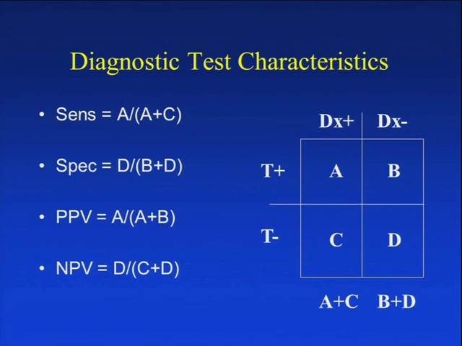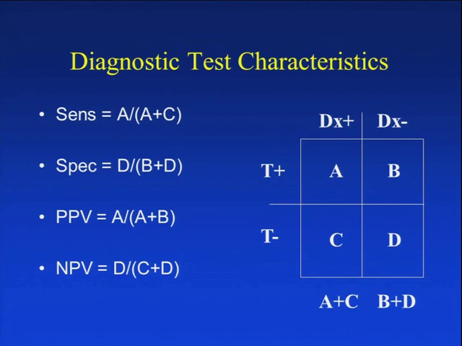Negative predictive value is stating that if I tested negative, this bottom row here, what is the likelihood that I really don't have the disease? Well, it's D over C plus D. The reason why it's not 0 or 100 is because B and C are not 0. There are false positives and false negatives in any test that's not the gold standard.